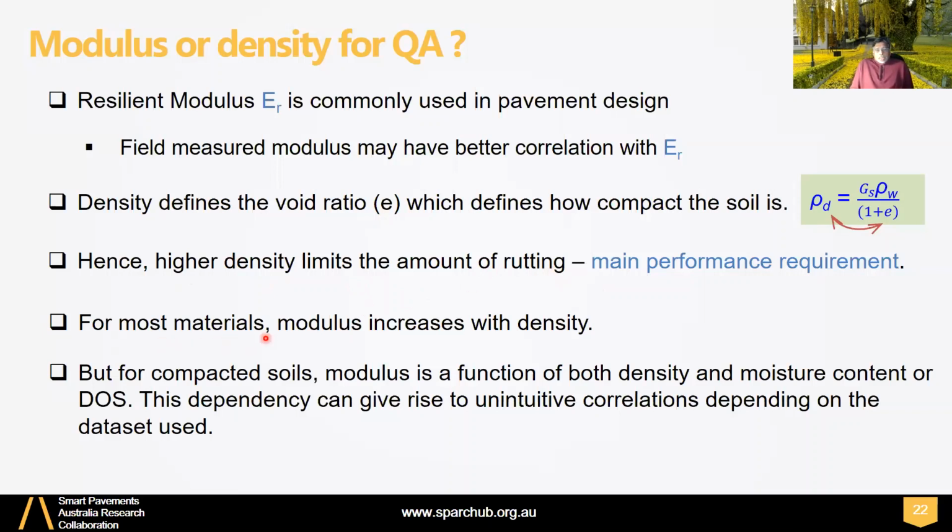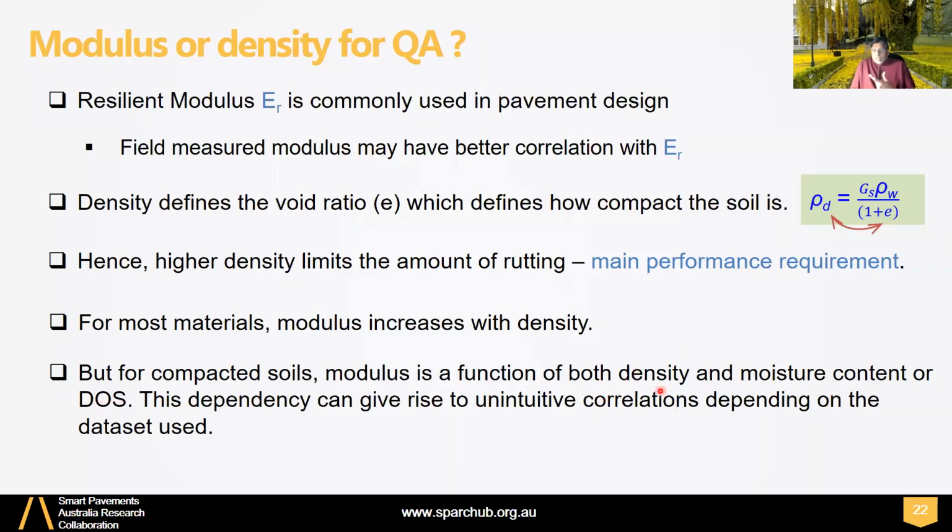For most materials, modulus increases with density. So they are correlated together. When density goes up, modulus goes up, right? However, for compacted soils, modulus is a function of both density and moisture content, or degree of saturation, DOS.